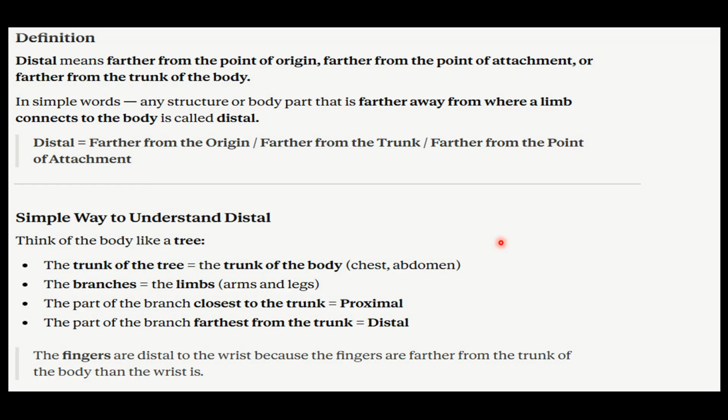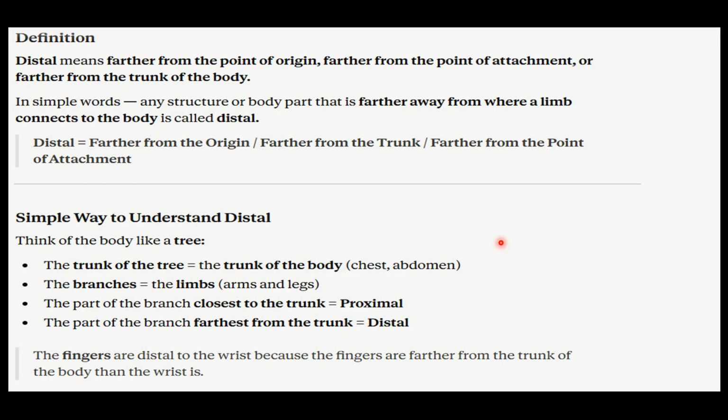If someone asks you in an interview what distal is exactly, you can simply say distal means any structure or body part that is farther away from where a limb connects to the body. So in simple terms, distal is farther from the origin, farther from the trunk, and farther from the point of attachment. If you remember this point of attachment, you can easily answer.